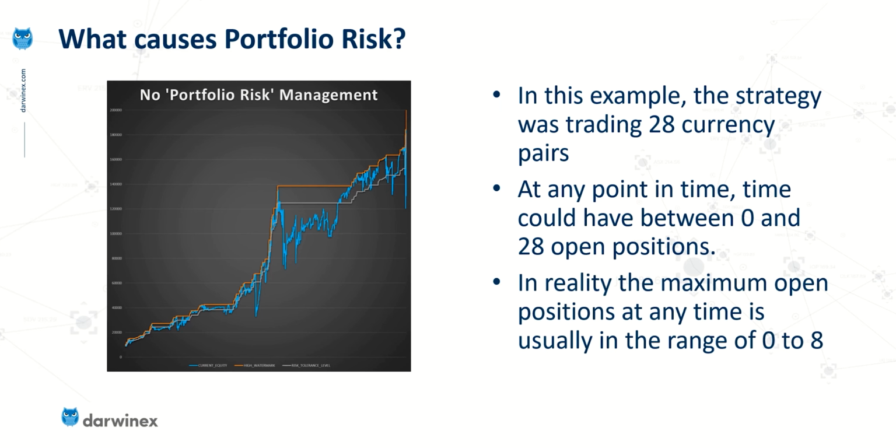I think the maximum open at any point in time was 8. But of course, if you were trading this strategy alongside another strategy as part of a multi-strategy approach, then there could have been more positions open at any time in that single account. And they also, of course, have to be taken into account when we're performing our risk assessment.